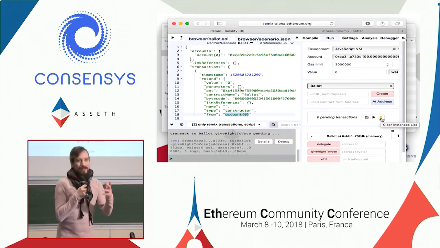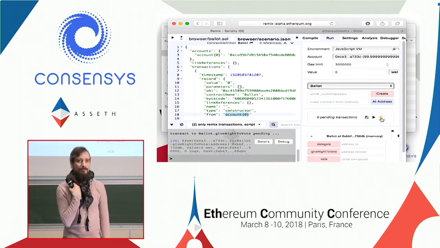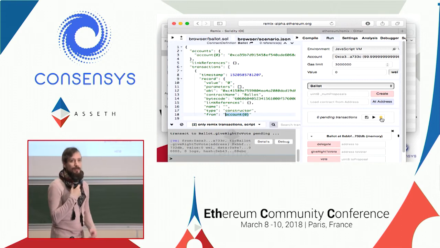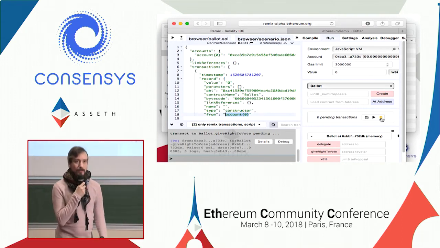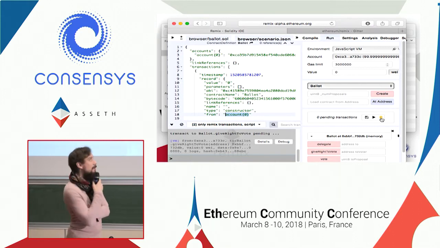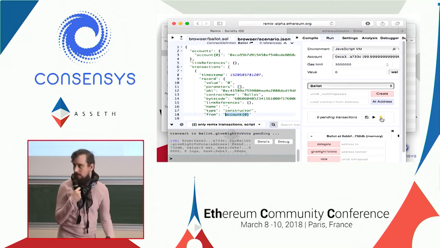Excuse me. Sure. Can I also import an account to the JavaScript VM version? Because obviously, for certain cases, I want to use the same account in my injected provider as well as the JavaScript VM provider. I don't know. No, I think that definitely should be added.